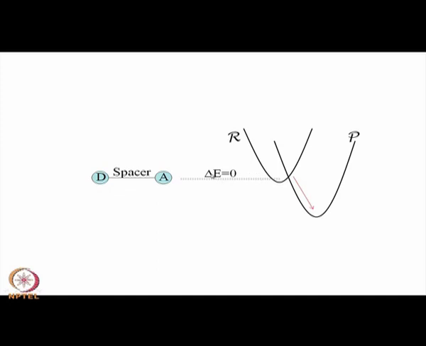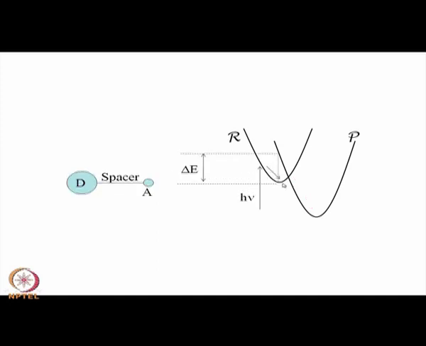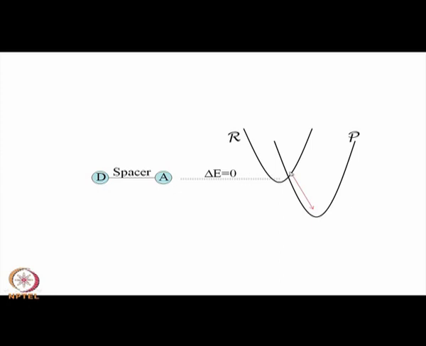In that case, your delta E was not equal to 0 earlier. Now, delta E is equal to 0, because it is over here, it does not require any barrier, since it has already crossed this barrier. And then it has got the equal probability to go either to this side or that side.